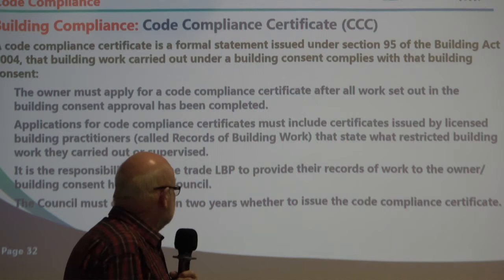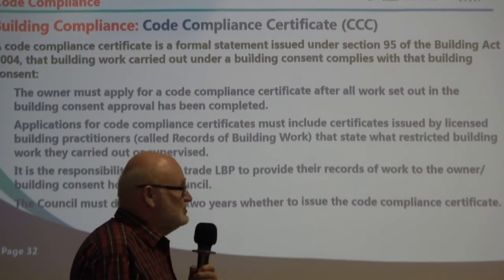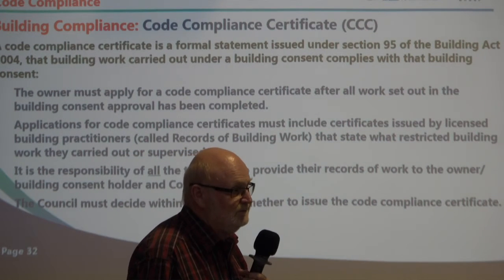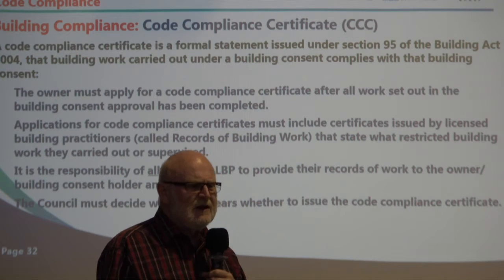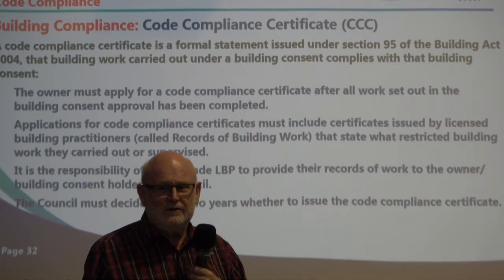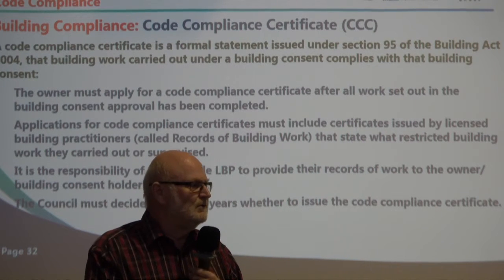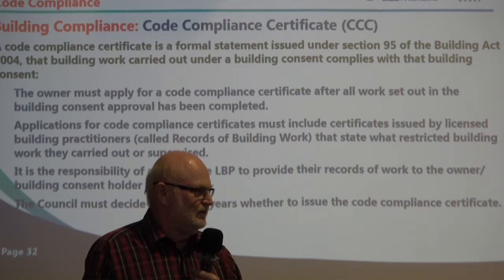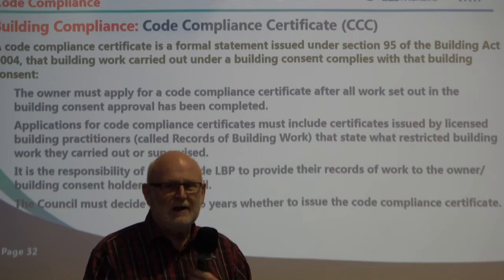Council must decide within 2 years to issue a code compliance certificate. So there have been cases where the council has refused for some reason. They're not happy with something.